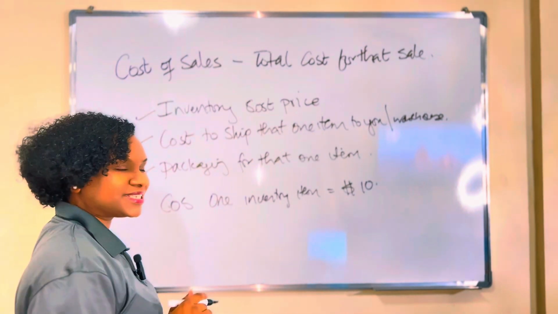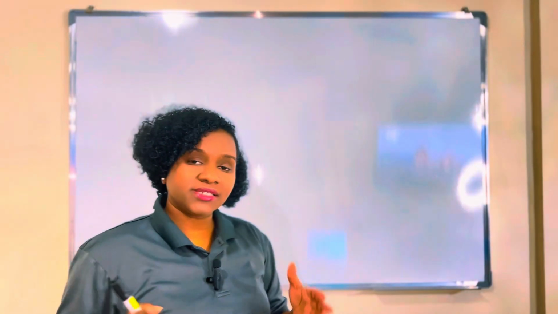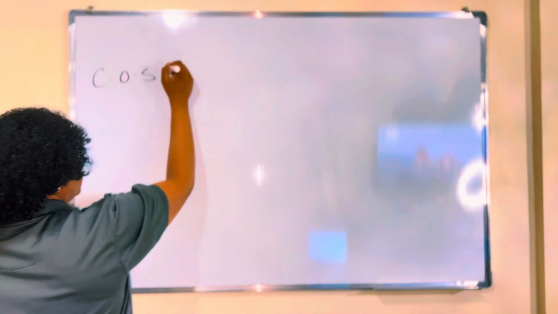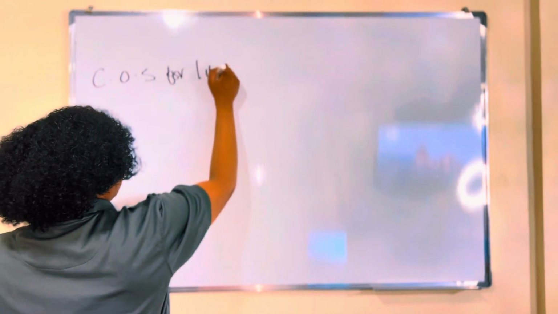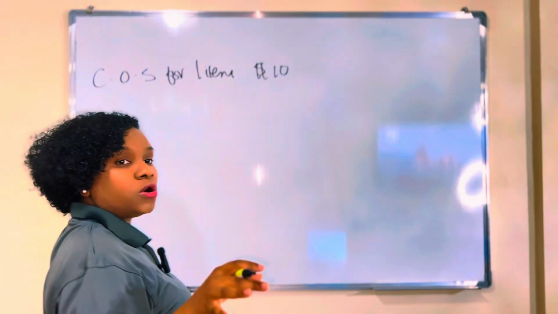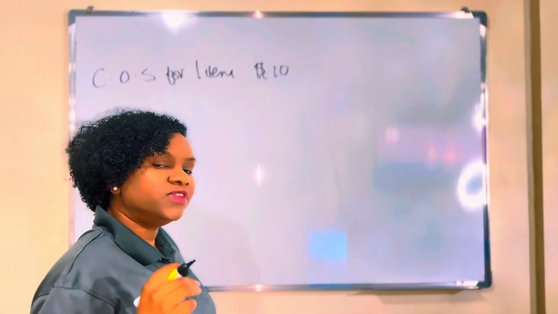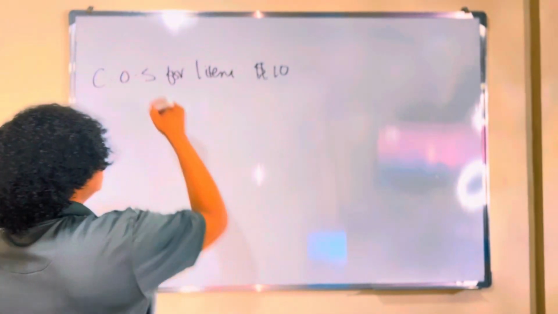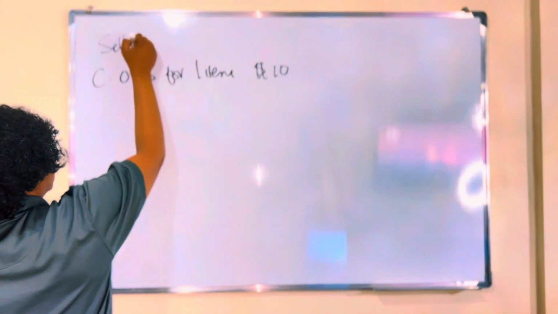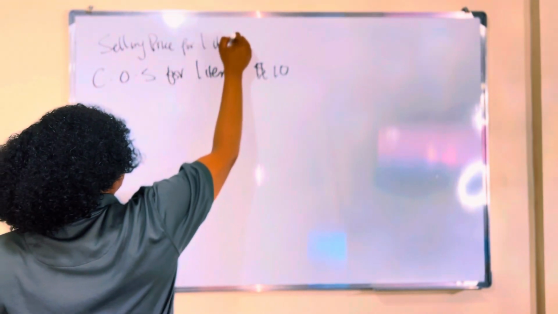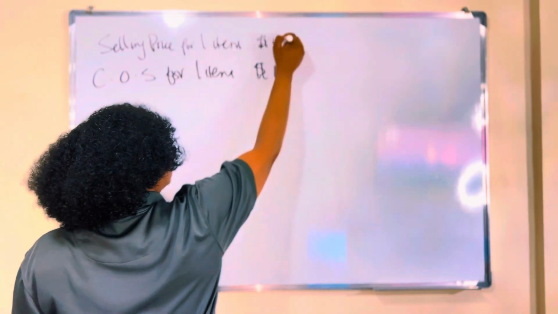Now let's move on to the next part. So your cost of sale for one item is $10. Let's say after your research, you've decided to sell this one item at $40. So your selling price for one item is $40.